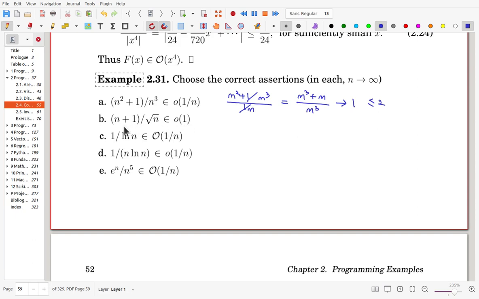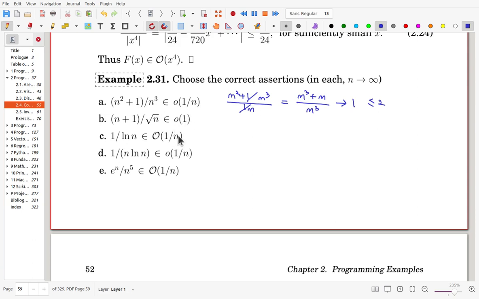Now, as n approaches infinity, that is blowing up. So it is becoming larger and larger, so it cannot be little o of 1. In fact, it also cannot be big O of 1. But for that one, if you change this to big O, then it's true. It's correct. But for that one, it's wrong.